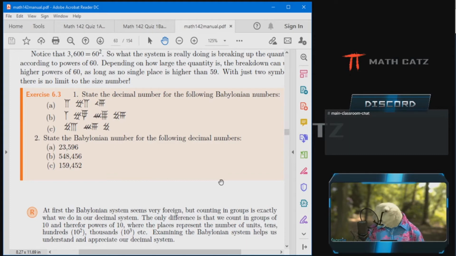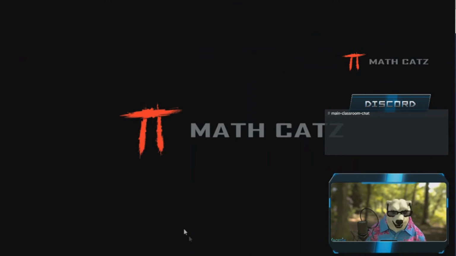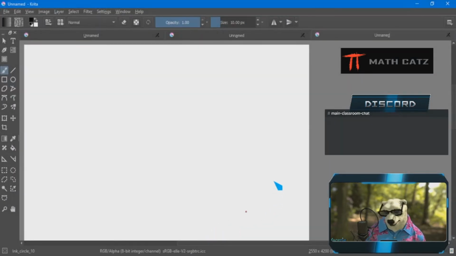Now, I'm going to have to copy all these little symbols carefully. So I'm just going to put it on my other screen and not jump back and forth and make a mistake. The first thing to do is to, of course, make sure you can read the Babylonian number correctly. So I will copy it.